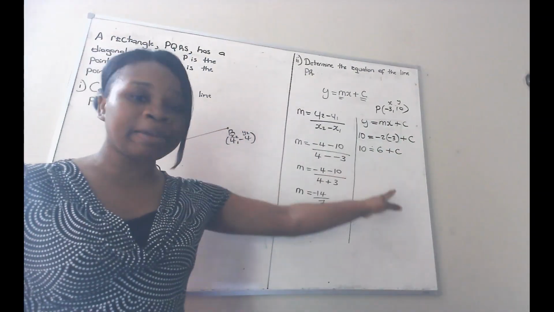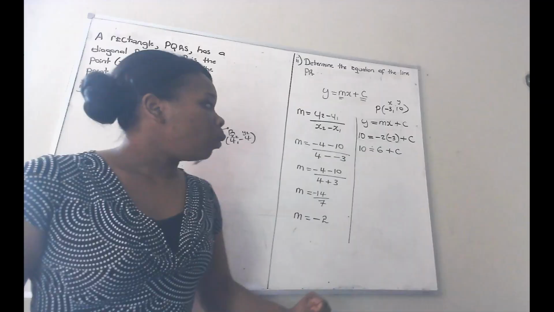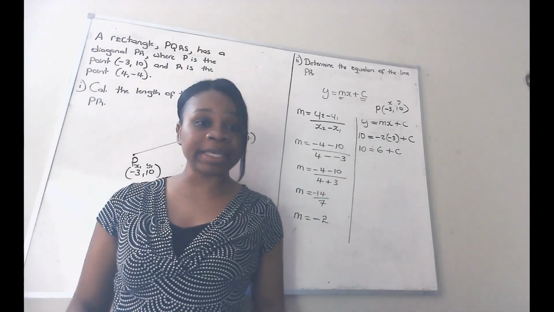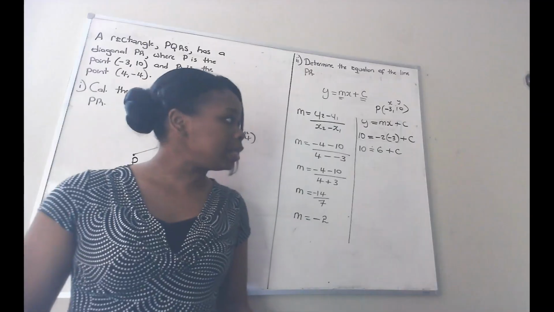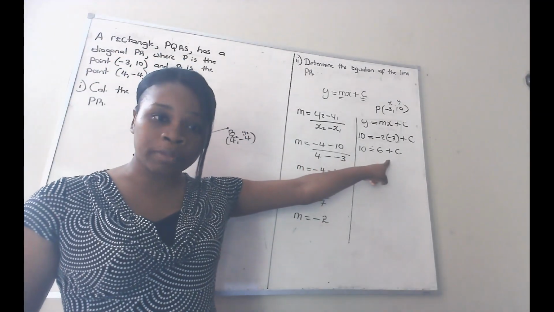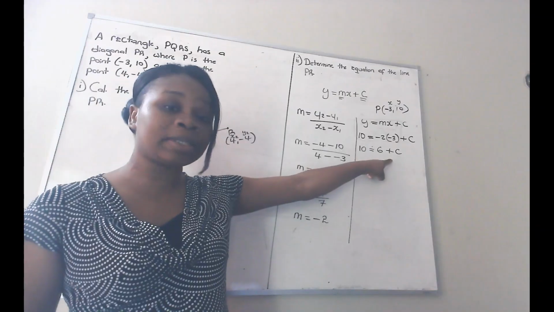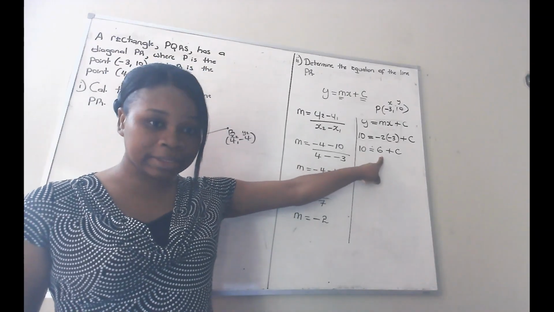Now, this is a simple equation. When you're trying to find what C is, you need to get C by itself, meaning only C alone must be on one side of the equation. You notice C is not by itself. You have 6 here.